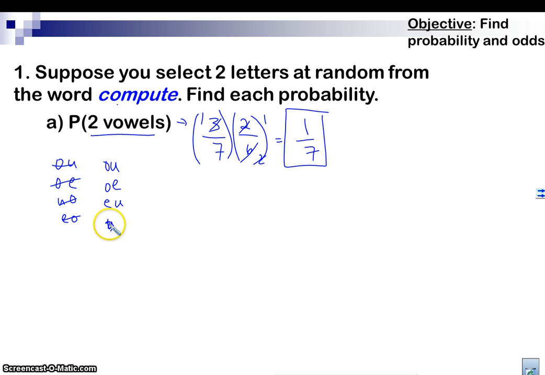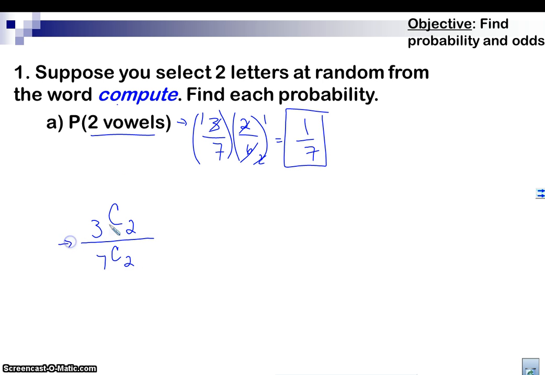Okay. So what we would do is we would try to find all of the possible combinations to get 2 vowels, and divide it by all the combinations of getting 2 letters given 7 letters. So what that looks like is 3 choose 2 over 7 choose 2.